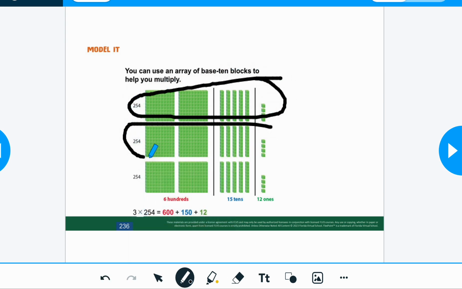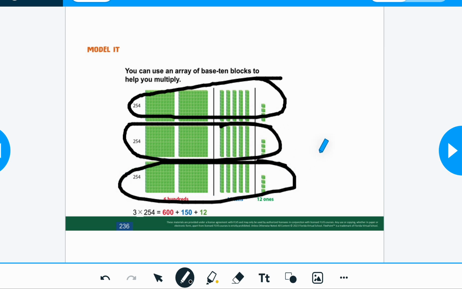Here's another group of 254, and here's another group of 254. So I know each of these is showing me 254 multiple times. We got the same thing here that I got when I did it in my head using the area model. So again, different strategy to show that math a different way.